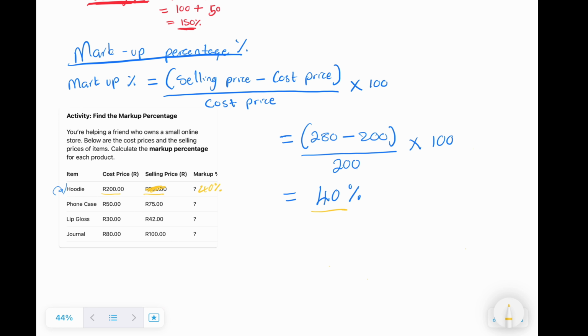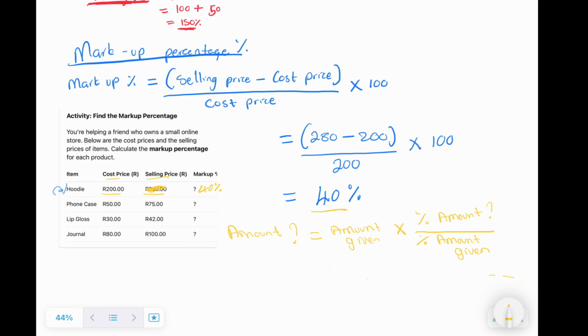Okay, so without going into detail, let me remind you of the formula. The formula to calculate either the cost price or the selling price is: amount that you're looking for equals to amount that has been given to you multiplied by the percentage of the amount you're looking for, so that amount that is missing, divided by the percentage of the amount given.